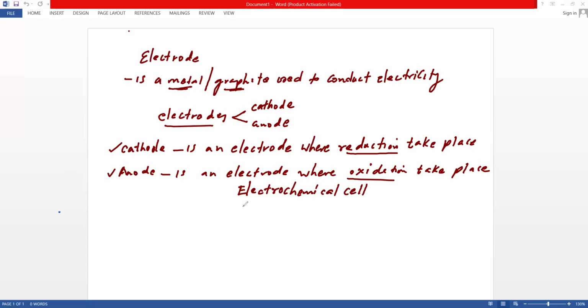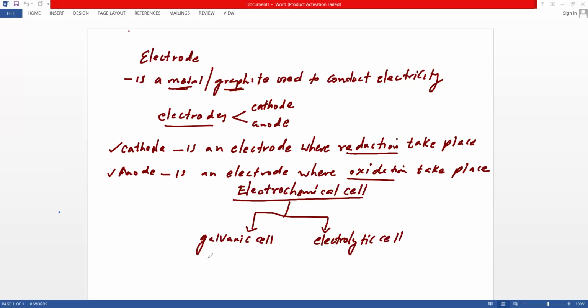There are two types of electrochemical cells which we're going to talk about now. The first one is a galvanic cell, and the other one is an electrolytic cell. This galvanic cell is also called a Voltaic cell.